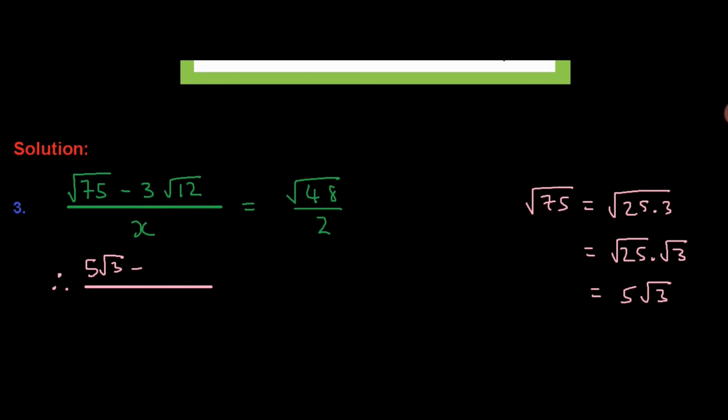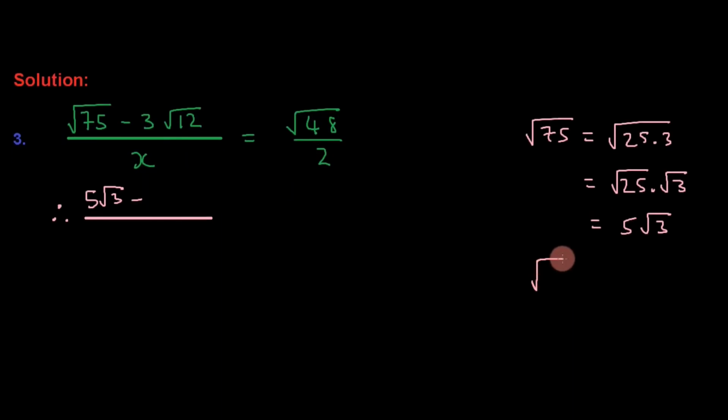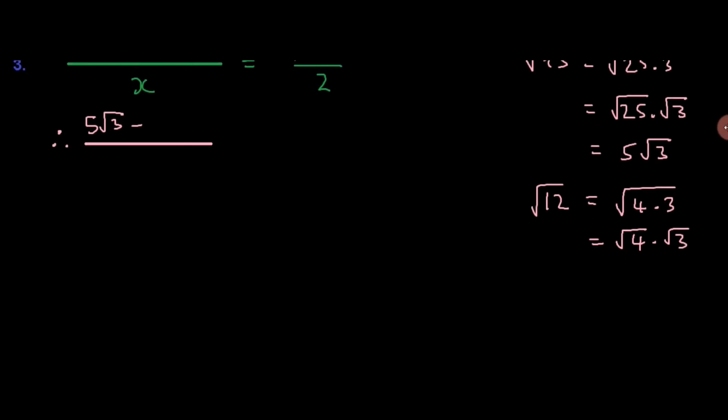Then the square root of 12, the largest perfect square into 12 is 4. So we can write it as the square root of 4 times 3, which is the square root of 4 times the square root of 3. And this is twice the square root of 3.